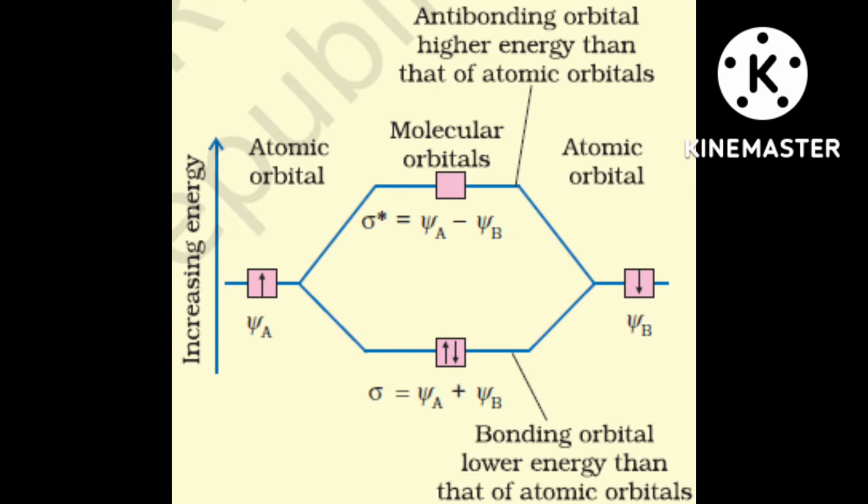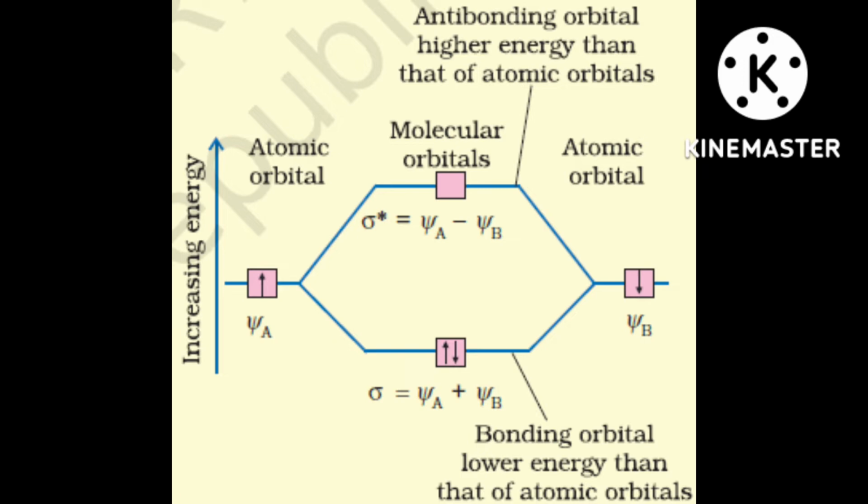According to wave mechanics, as I have already discussed, the atomic orbitals can be expressed by the wave function psi, which represents the amplitude of the electron wave. These are obtained from the solution of the Schrödinger wave equation.